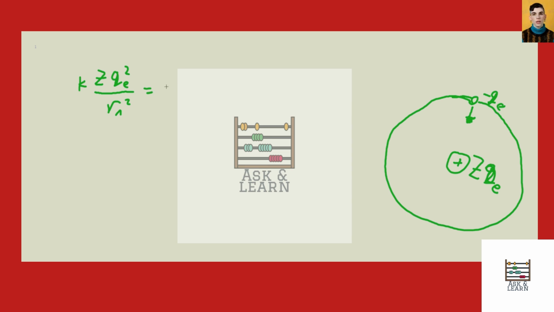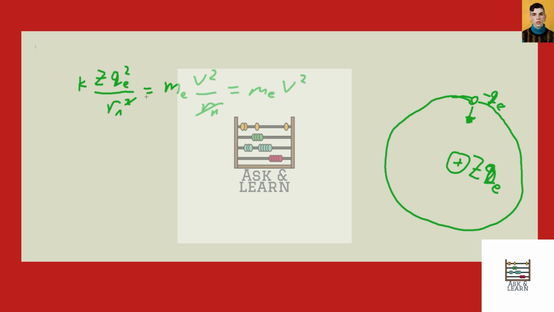A is acceleration. For the circular motion, it is V squared over R. And we can cancel one R here, so it is just V squared.